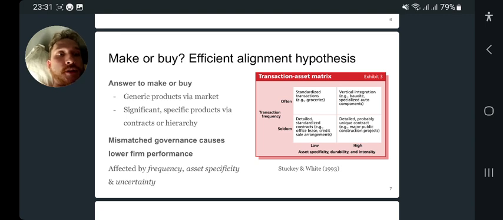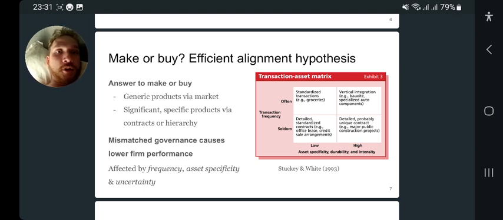And so, for instance, when the asset is very specific, for instance with a factory, and durable, like for a long time, and it's intense, it's a big investment, then you will want to vertically integrate this, as seen here in the right-hand matrix.